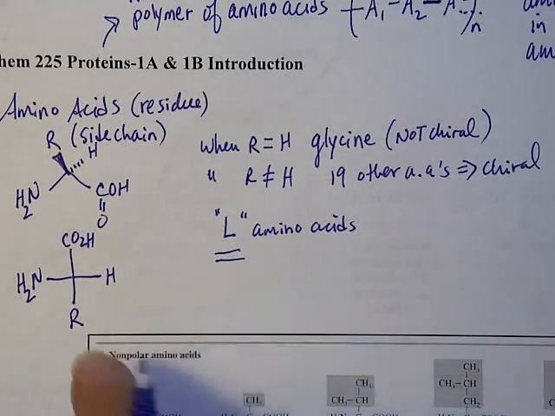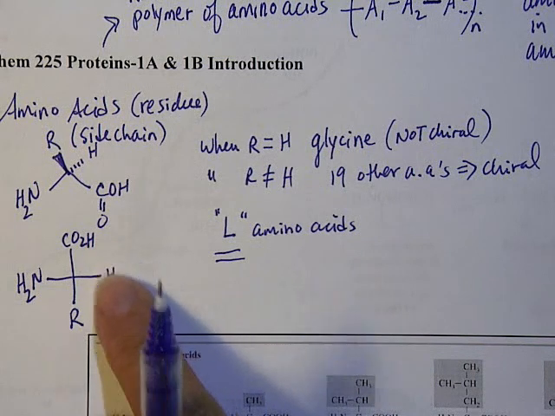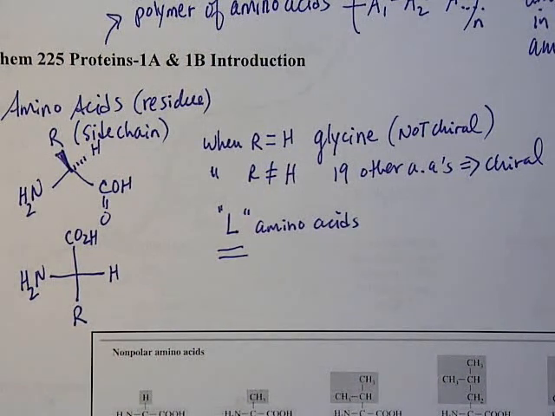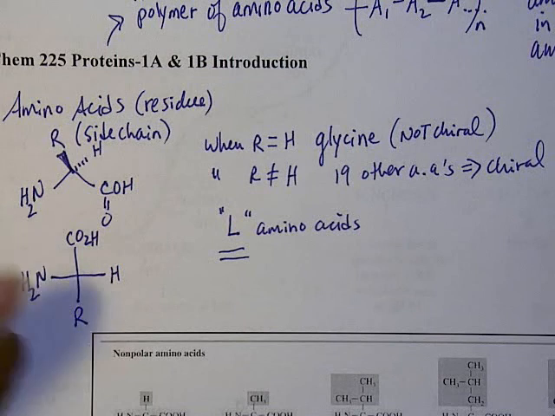Remember, in sugar chemistry, the sugars were all D sugars, so the OHs were on the right. In amino acids, it's sort of the flip side, which is that the amino group is on the left side when drawn this way, all right?